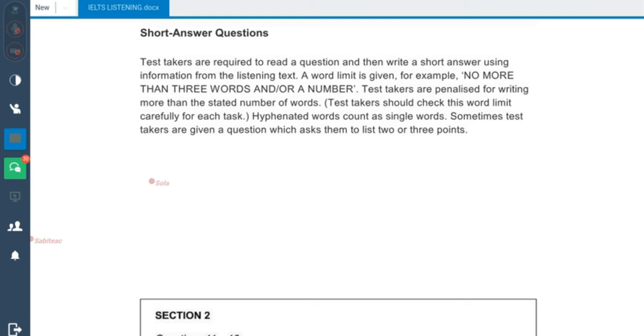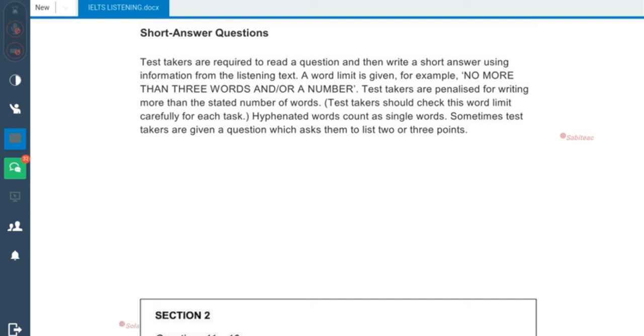Could you tell me the other correct possibilities? Okay, somebody said 2 words could be correct. That's fine. 1 word could be correct, 2 words could be correct.